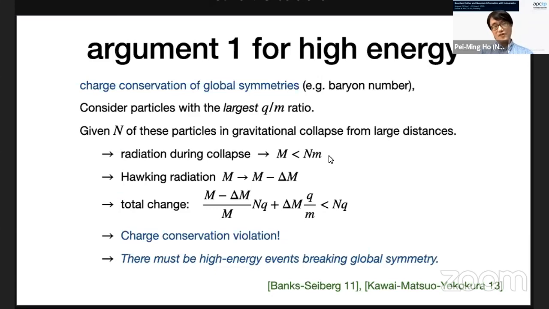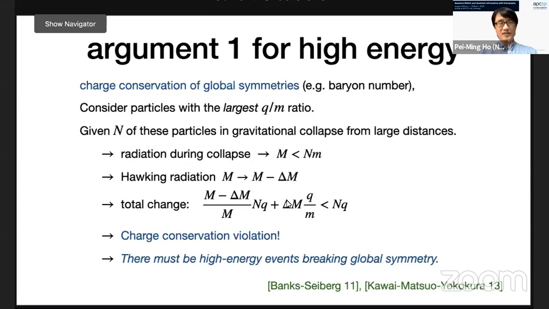During the fall, they may radiate some energy away. And then you have Hawking radiation. So the mass of the black hole is reduced from m to m minus delta m. Now the total charge of the whole universe is now the charge inside the black hole, which is this portion of the total charge. So m over m minus delta m is the fraction of mass remaining in the black hole. So we assume that the same fraction of charge remains in the black hole.